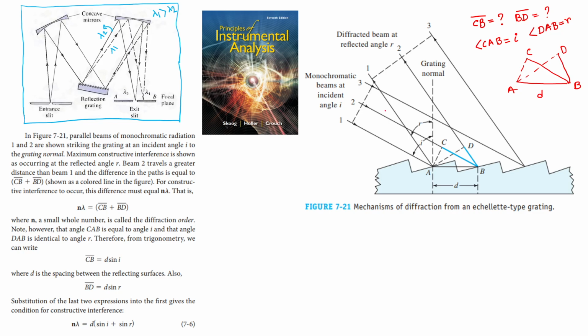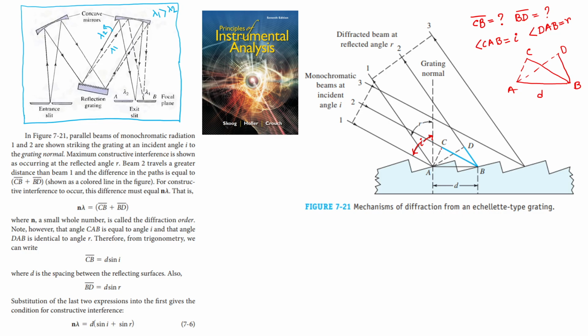Please be patient and look at what I am trying to say. I might confuse you, but please see that this angle is I. Whatever ray I show you, this is for I. This is I.